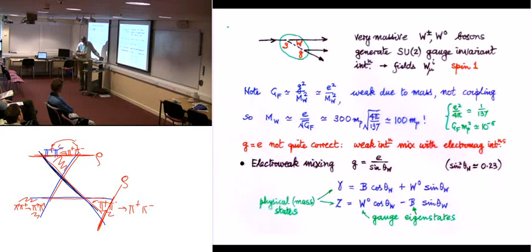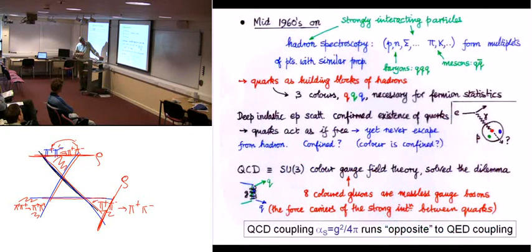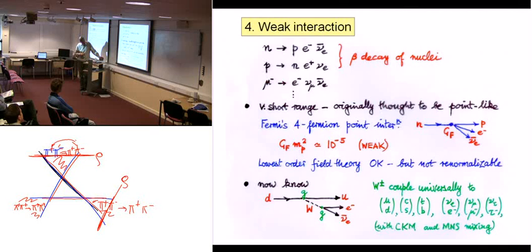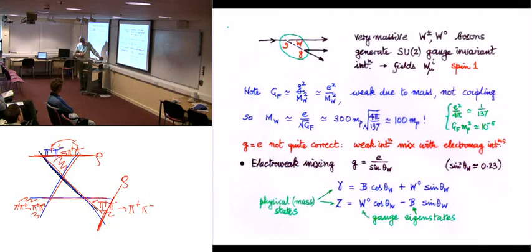This is not quite correct because it would be nice to say G is equal to E, but the weak interactions mix with the electromagnetic interactions, and the mixing is given by this sine theta W. In other words, the neutral particles of both the electric and the weak interactions, the ones that we see, are coming from gauge eigenstates.